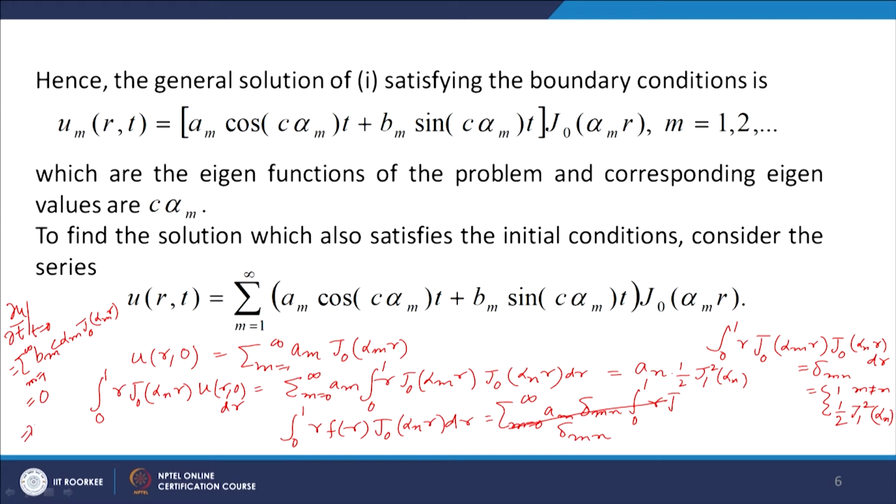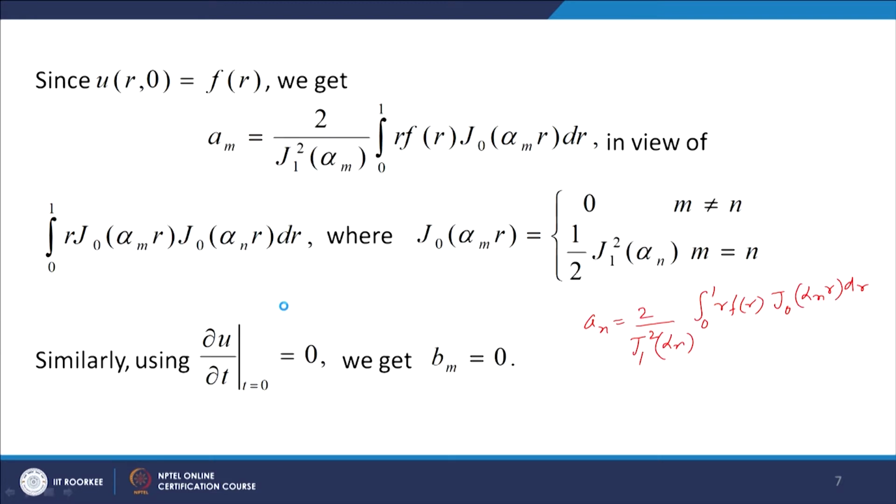So this implies that B m equal to 0 for all m, and so we get u(r,t) equal to sigma m equal to 1 to infinity a m cos c alpha m t plus B m sin c alpha m t, B m becomes 0. So a m cos c alpha m t into j naught alpha m r, where a m is given by this expression.